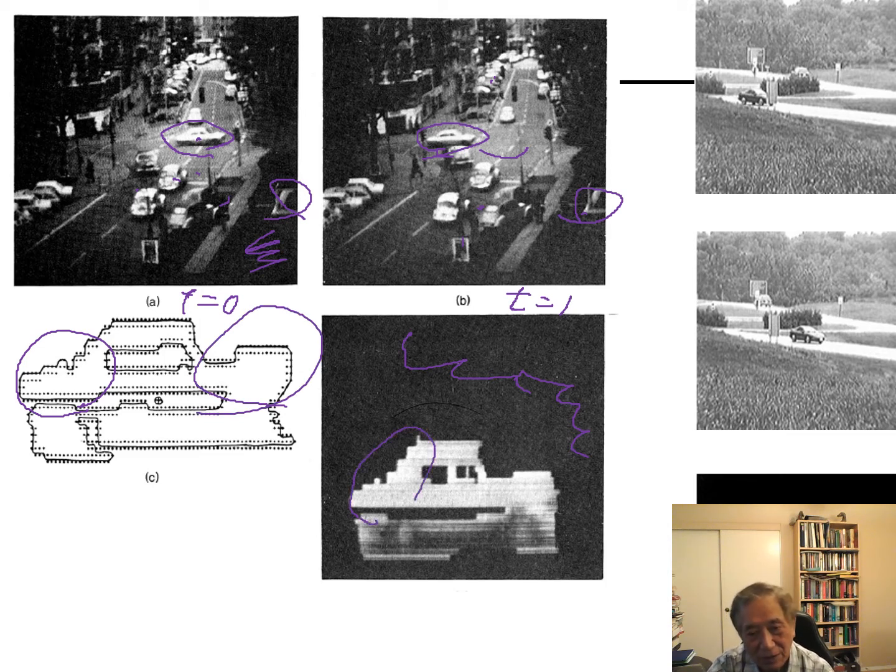This one looks a little funny, but it can give you some clue about what has changed. This is a better picture. Here's one scene and another scene, and we see that this car is moving. So by subtracting, we clearly see the picture of the car.